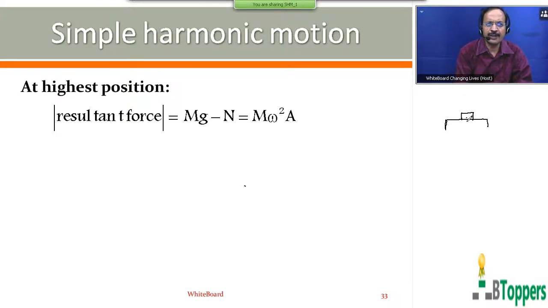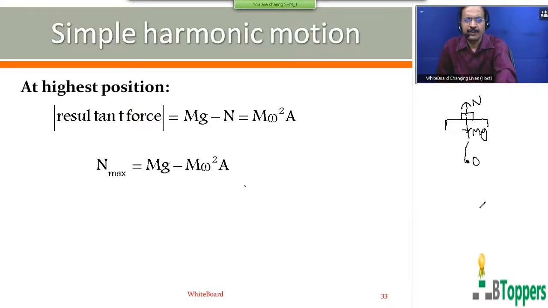Copy the working: at the highest position, mg minus N equals m omega square A, where O is the mean position in the figure, and the same working as already explained here.